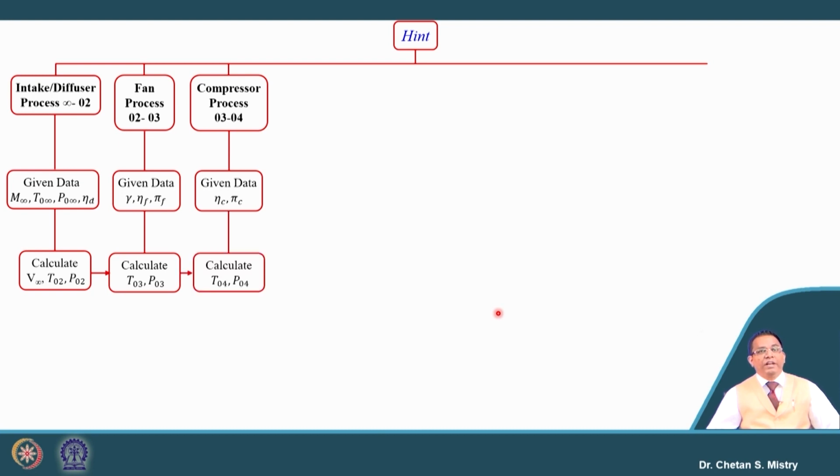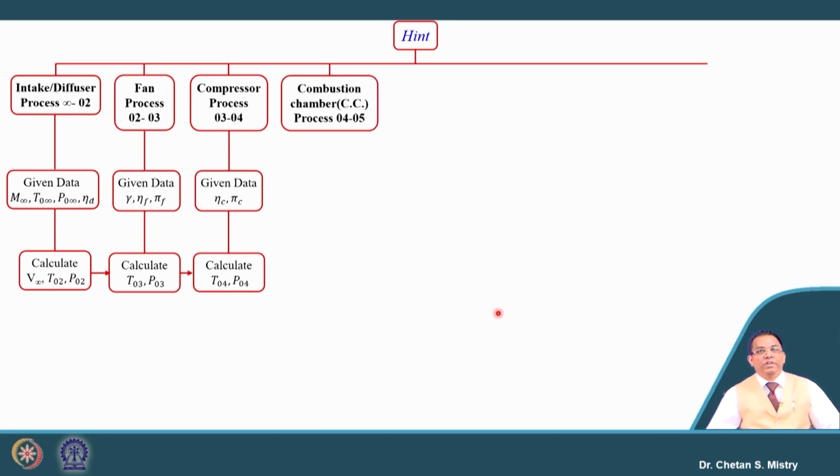From that we can calculate the temperature and pressure at the exit of our compressor. Be careful here, in this numerical no information is given in terms of bleed. This kind of engine may have bleed as per the requirement. So, if it is given, then you need to modify your calculation accordingly.